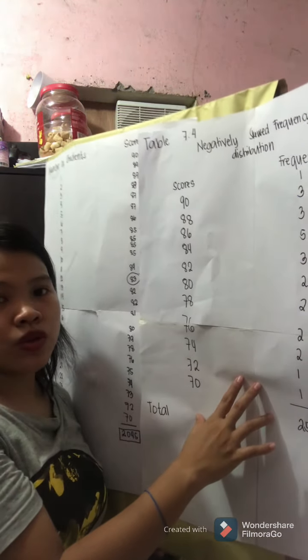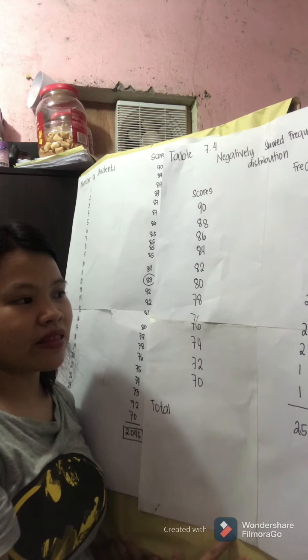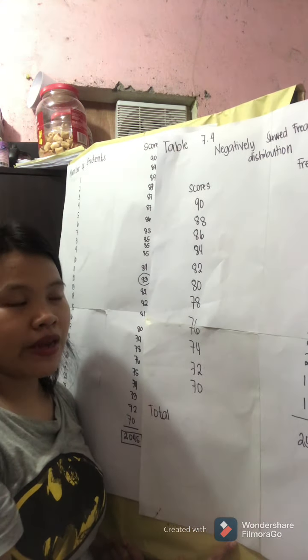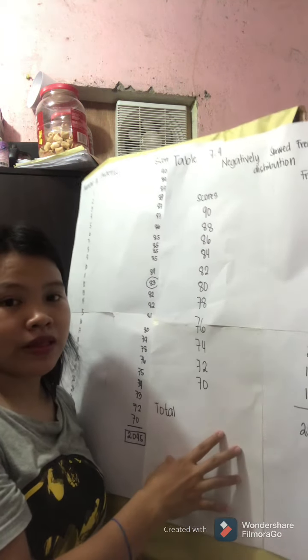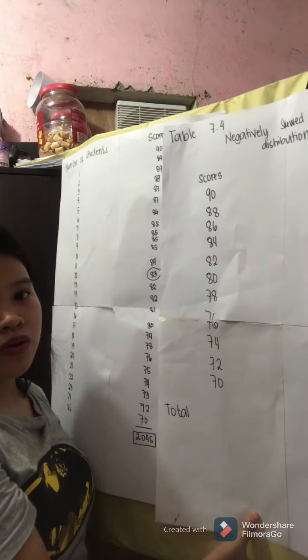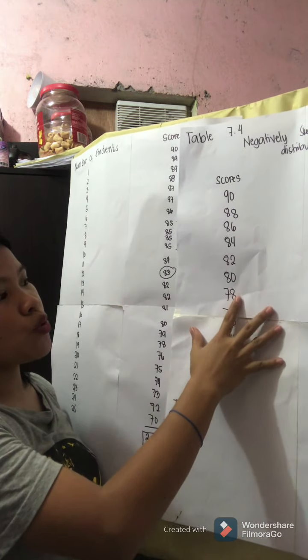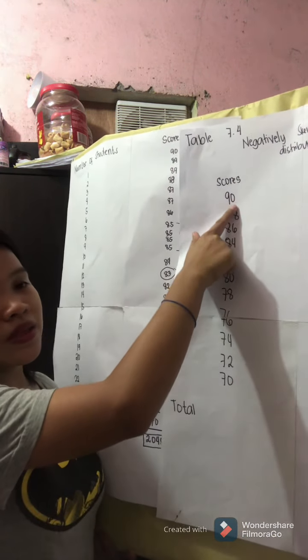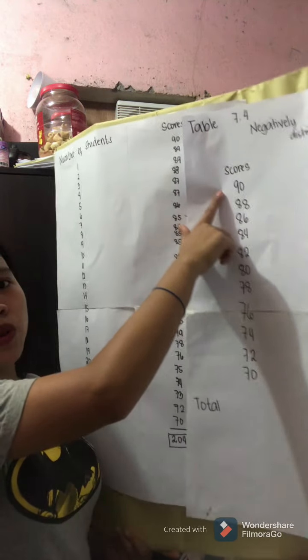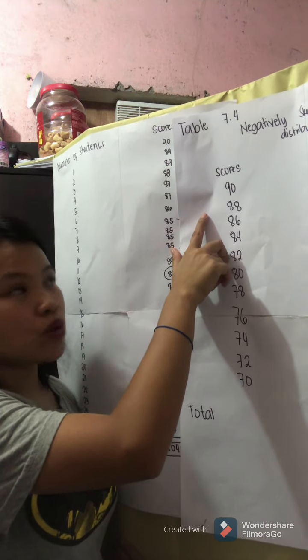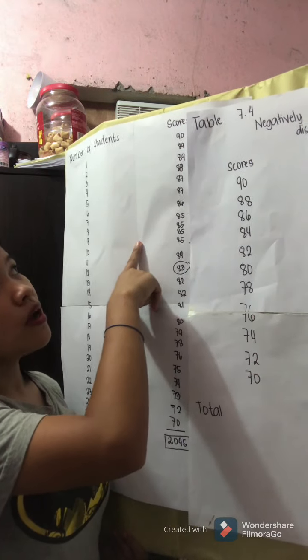Now we are going to identify how to get the frequency. In order to get the frequency, let's count the number of students who obtained the score of 90.